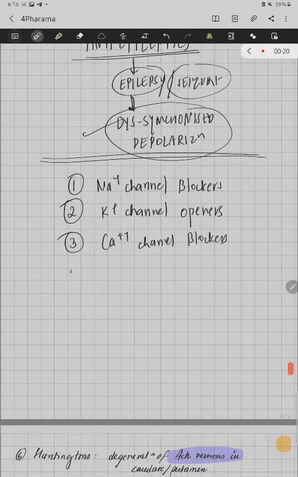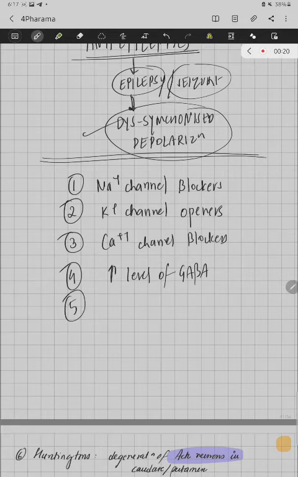Now, there's another way by which we can reduce this depolarization, which is by increasing the levels of inhibitory neurotransmitters in the brain, like GABA. So we have drugs which increase the level of GABA. Similarly, we can decrease the level of excitatory neurotransmitters in the brain, which is decreasing the level of glutamate.